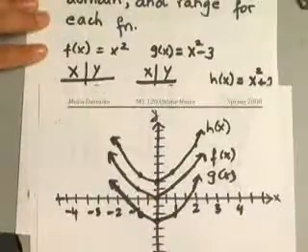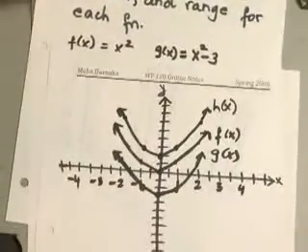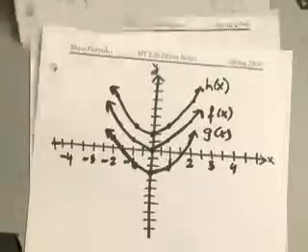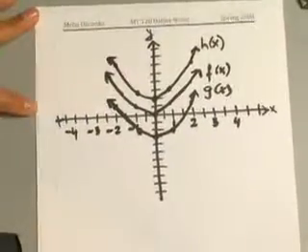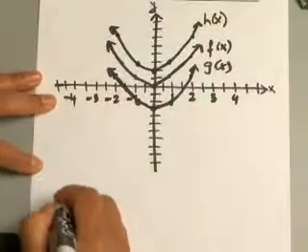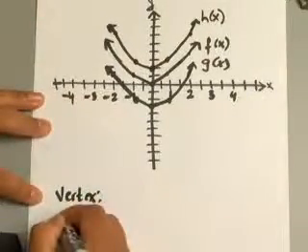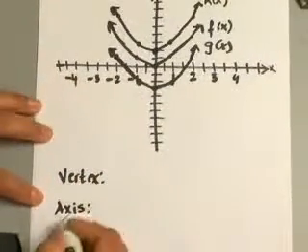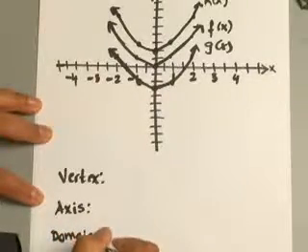Now, they also asked us to find the vertex, axis, domain, and range for each one of these functions. So let's go ahead and determine those values. Okay, so we'll keep our graph here. We need to find the vertex, the axis, and we're also trying to find the domain and range for each one of these functions.